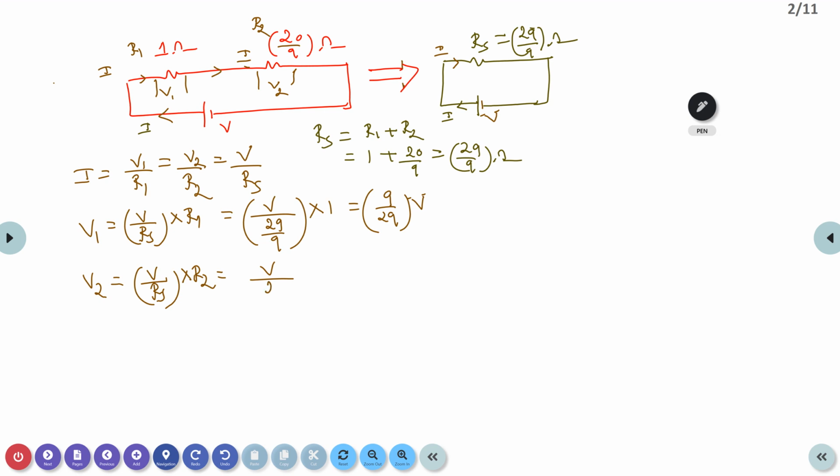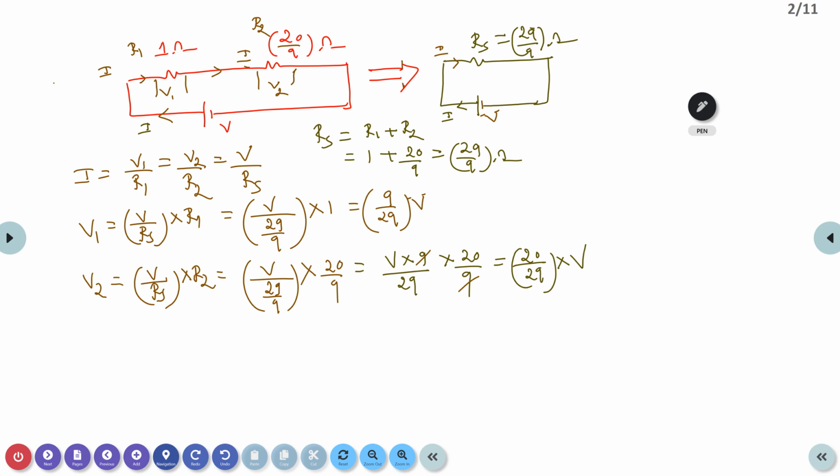Rs is 29 by 9 and R2 is 20 by 9. I simplify it: V into 9 divided by 29 into 20 divided by 9. Here the 9 cancels. It becomes 20 divided by 29 into V.